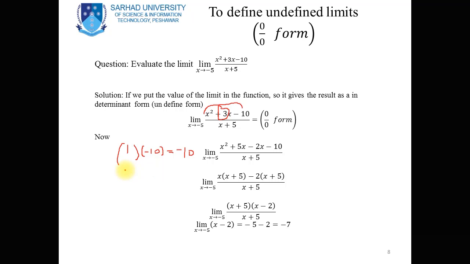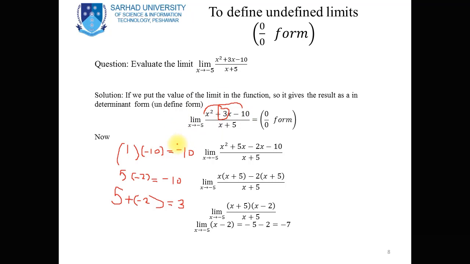Like you see over here in this problem, 5 multiplied by minus 2 we obtain minus 10, and 5 plus minus 2 we obtain plus 3. So for the factorization by sum and product, first of all multiply the first coefficient and the last term.